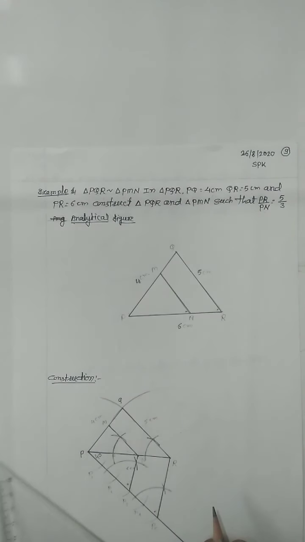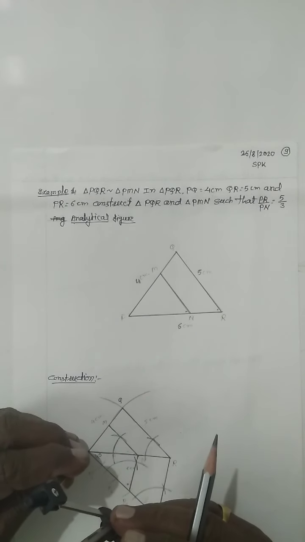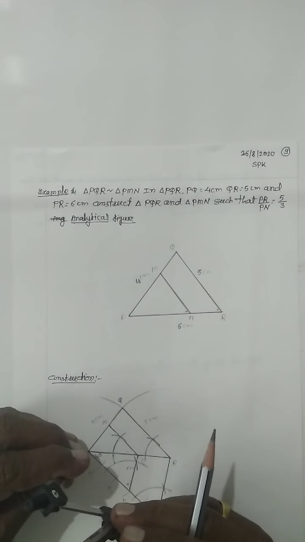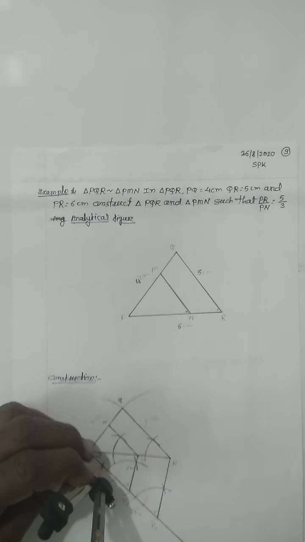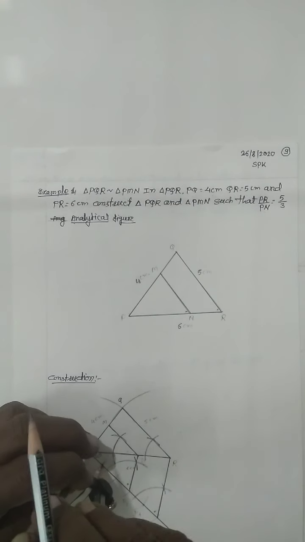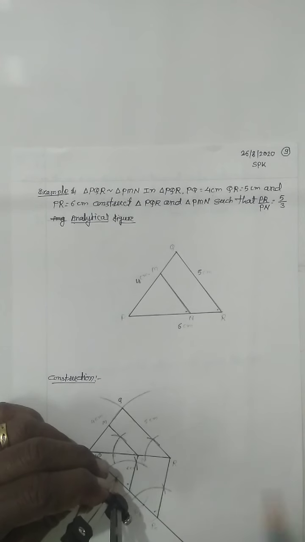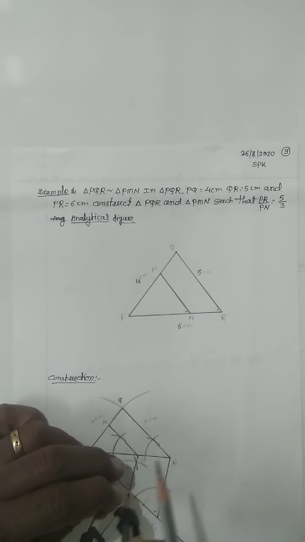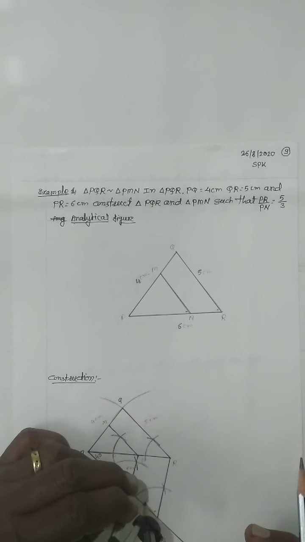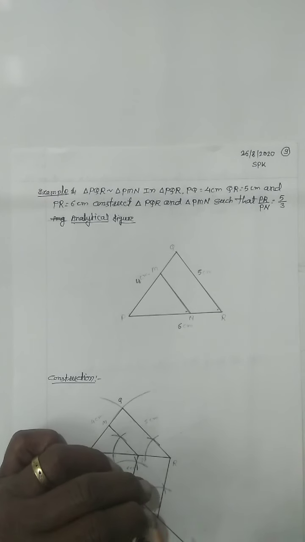Now take some distance between the two terminals of the compass and draw 5 arcs on this ray. This one arc is P1, then P2, then P3, then P4 and lastly P5.